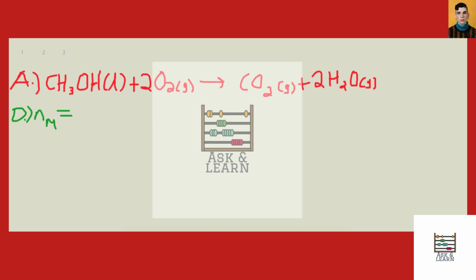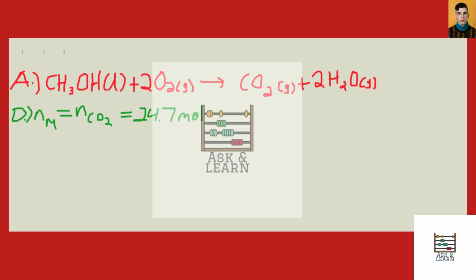So the number of moles of methanol is equal to the number of moles of CO2 in this reaction, which is 24.7 moles. That's how many moles of CO2 we have.